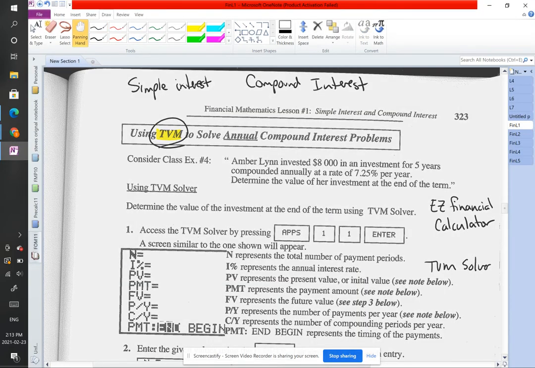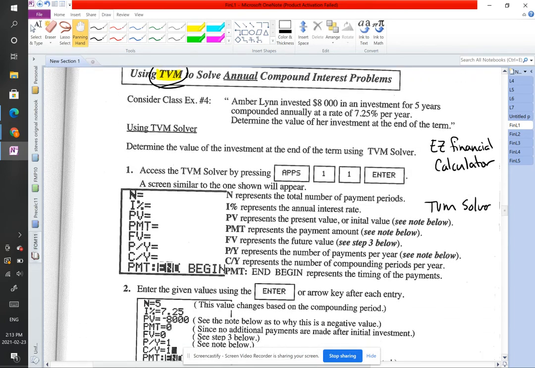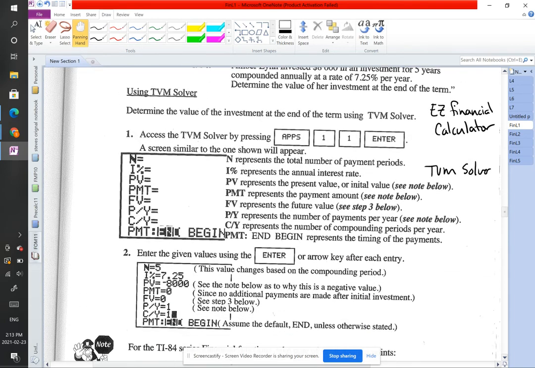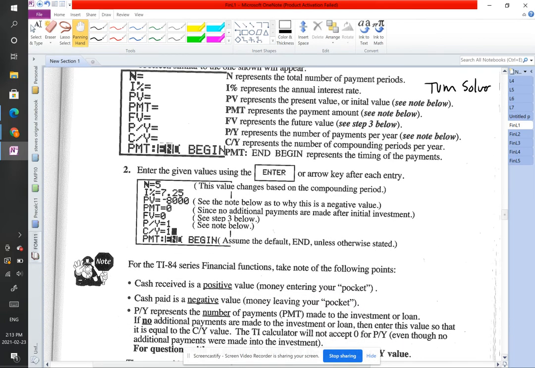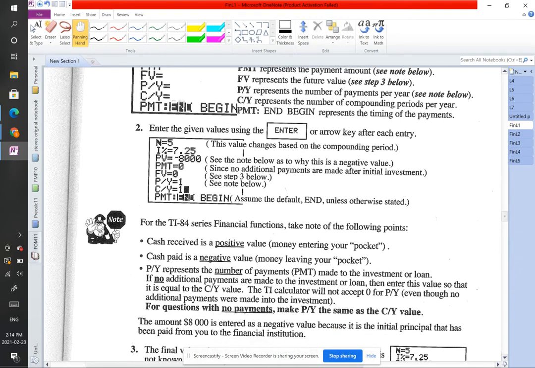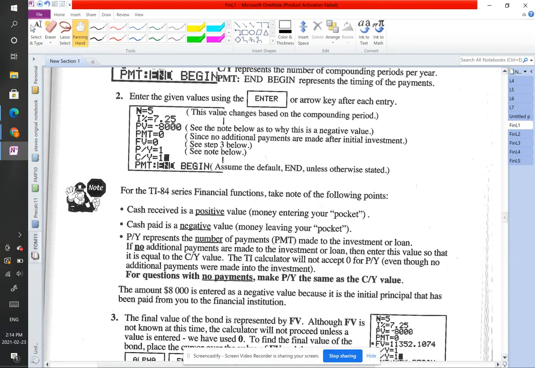It's good. This book is a little bit old, so it's showing you how to do it on, I'm not even sure, an old TI-84 calculator or something. There's a couple things that we do want to remember. And oh yeah, TI-84, there we go. So a couple of key things you should highlight here. Cash received, so cash coming to you or entering your pocket, is positive value.